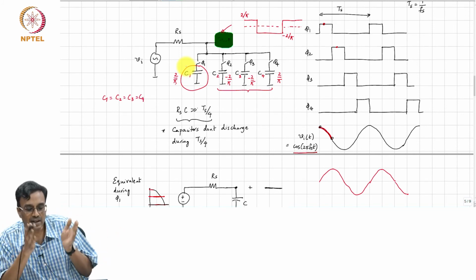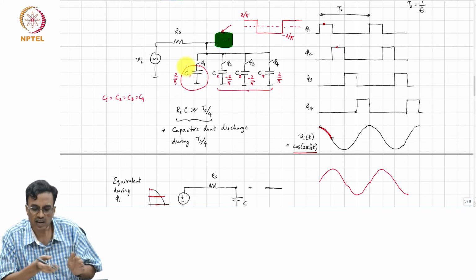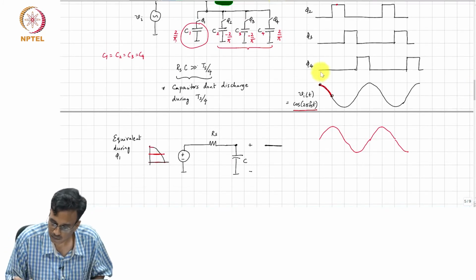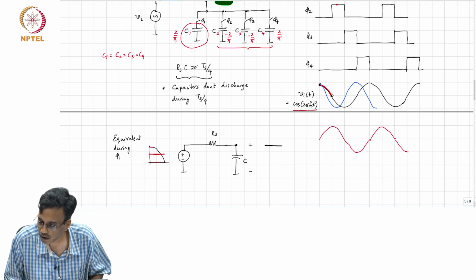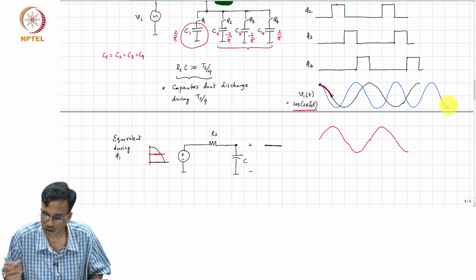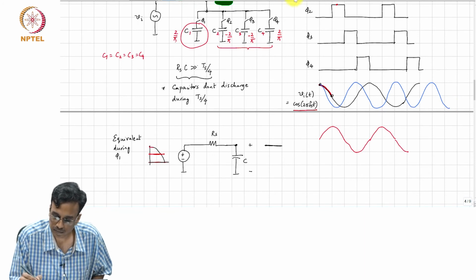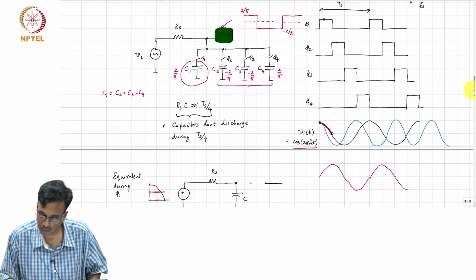Exactly. So, every time the switch phi 1 is on, the voltage across C1 sees a different portion of the waveform. For example, if the input frequency was higher, during the first clock period, you are basically seeing this portion of the waveform.